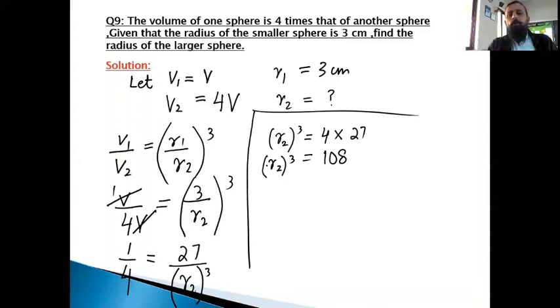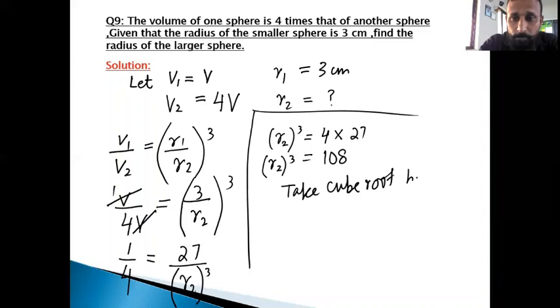Now, do you think 108 is a cube of any number? Just think about it for a second. I don't think so. So again, you need to take help from your calculator. Calculator is allowed. You need to take cube roots on both sides, and your calculator will give your answer in decimals. So let's take cube roots on the two sides.